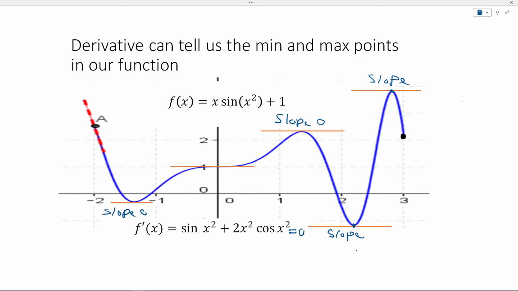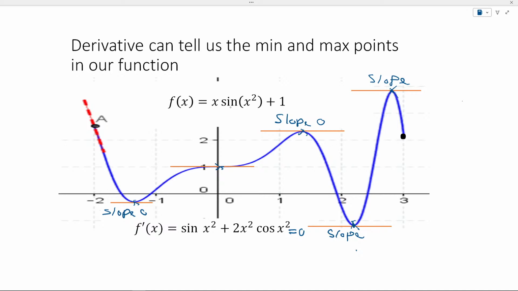If I set the derivative equal to 0 and find the roots of this equation, I will get this point here, this one here, this one here, and this one here. What else will I get? I'll get this one here, because you see the slope here is also 0. What is this point? This is neither a local minimum nor a local maximum. So this is a minimum, this is a maximum, this is a maximum. Why?